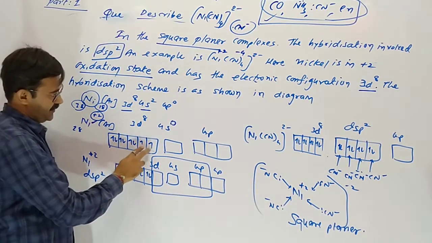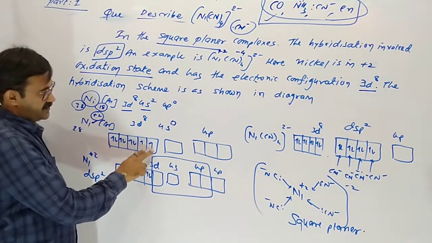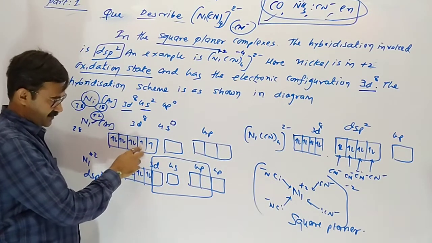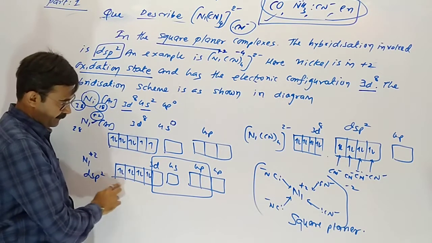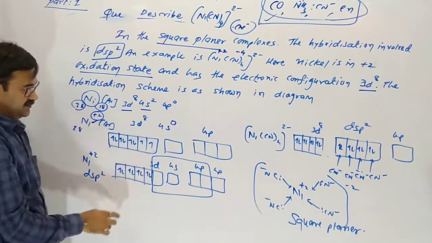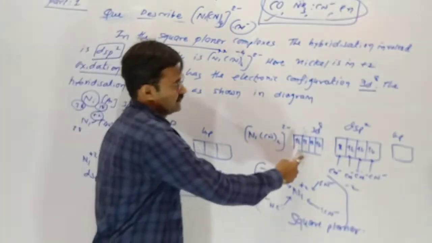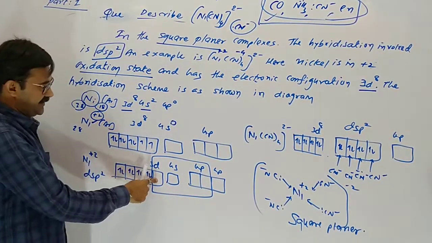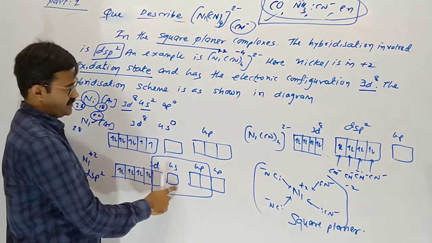Here 6 are paired and 2 are unpaired. So the last of these 2 electrons comes here and becomes paired. So 8 electrons are paired, you can see. Now one of 3d is vacant, plus one 4s and two 4p.